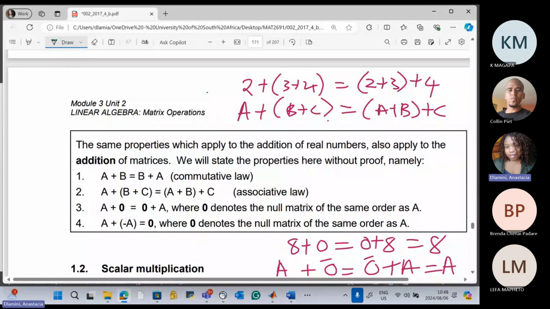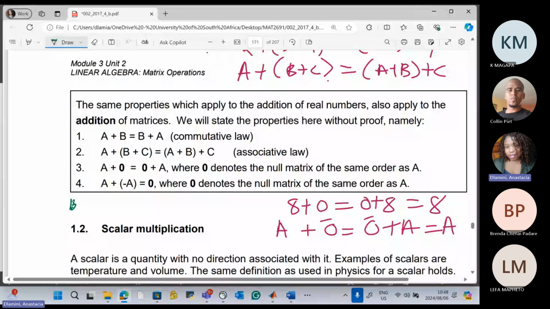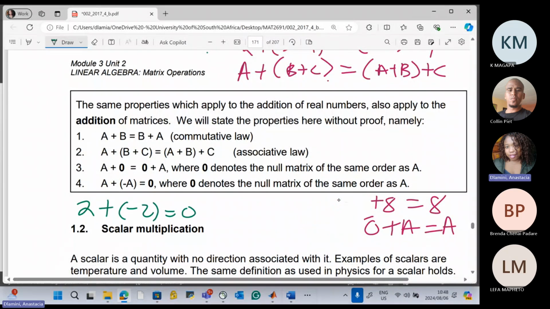You know that 2 plus minus 2 gives 0. The same applies to matrices: if you have matrix A plus the negative of matrix A, that is equal to the 0 matrix or the null matrix.